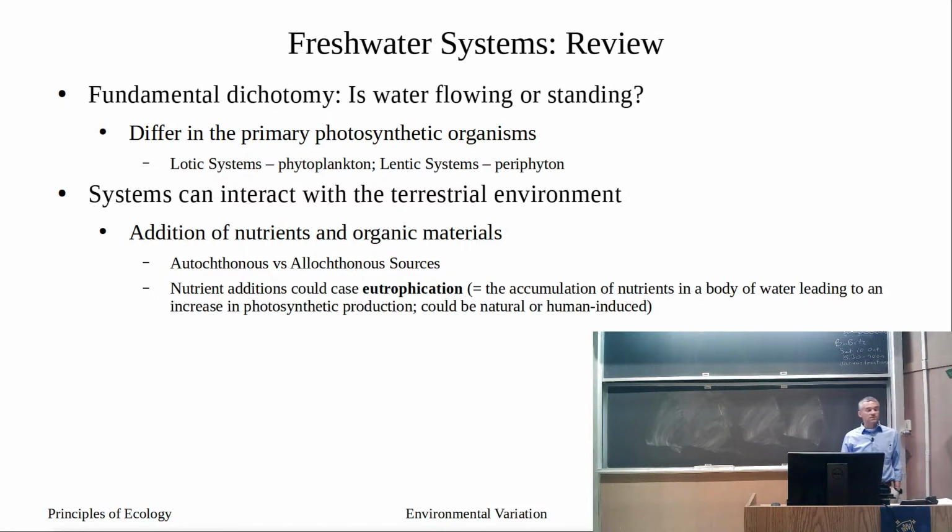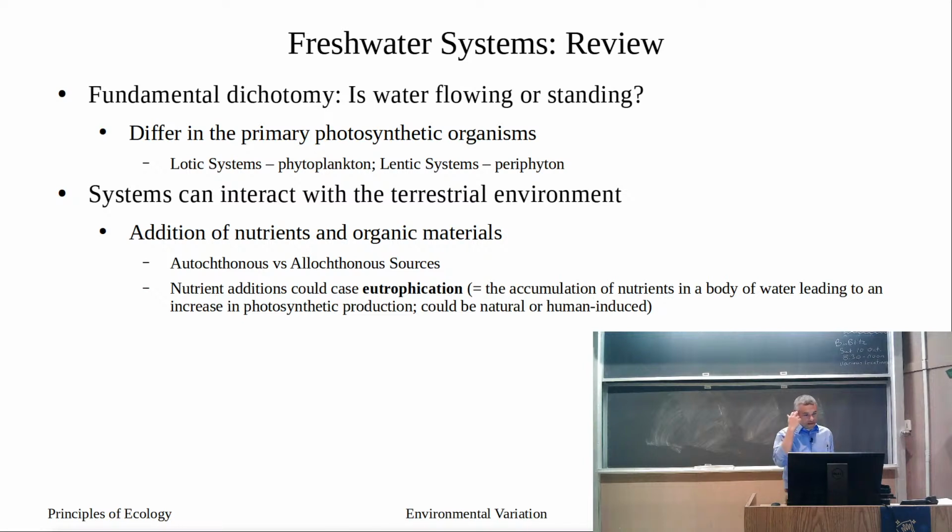It's much easier to have floating algae, this phytoplankton, in a system that is not moving, in a lotic system. So this phytoplankton in these lake systems is the primary source of production. In a flowing water system, streams and rivers, those floating algae are just going to get swept away downstream. So the primary source of production in those systems will be any of the algae that's attached to structures. And then we call that periphyton.